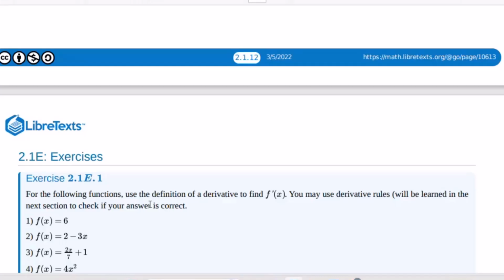Then 2 minus 3x minus 3h minus 2 plus 3x. The 2 and minus 2 cancel each other, minus 3x plus 3x cancel each other, and I'm left with minus 3h over h. Then h and h cancel, and I'm left with minus 3. That's my answer.